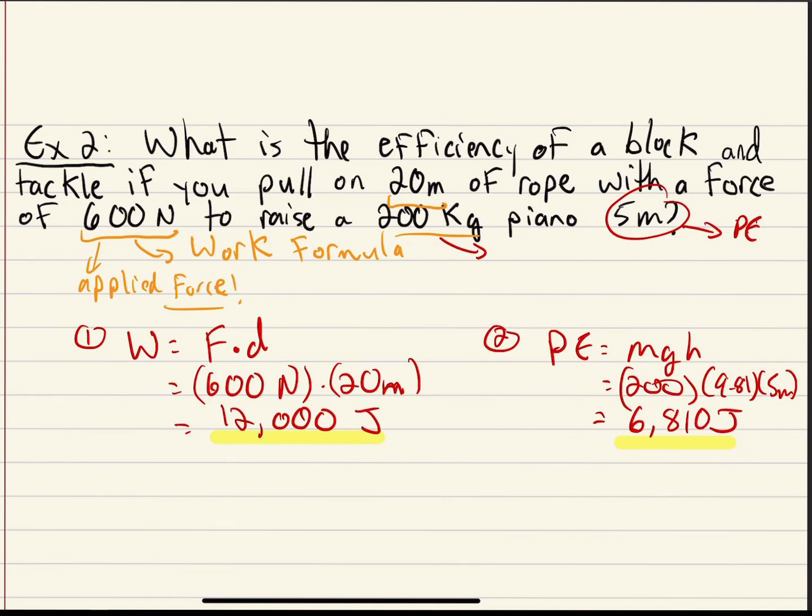When we plug in all the variables in the potential energy formula, we get a value of 6,810 joules. By the concept that the lower energy is always going to be the output since it loses energy to heat, this over here we're going to label as the output. Now we have an output and an input, so we can go ahead and use the efficiency formula in order to calculate the efficiency.